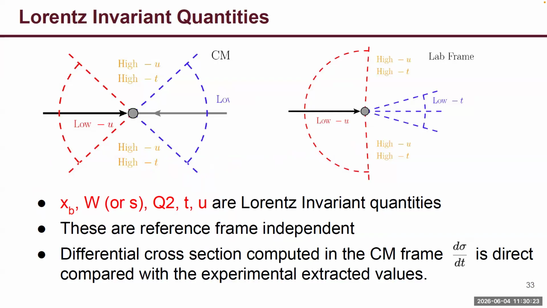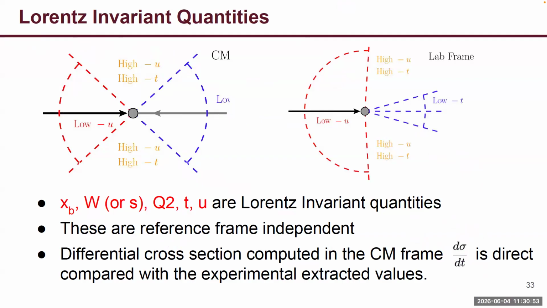They say, which one? Normally you would choose d sigma dt. The beauty of that is that your friend could compute this in the center of mass frame. This is where most of the models are calculated, right? So he or she doesn't have to Lorentz boost it to the lab frame. And you can directly measure this d sigma dt because it is a Lorentz invariant quantity. You can directly compare the results.